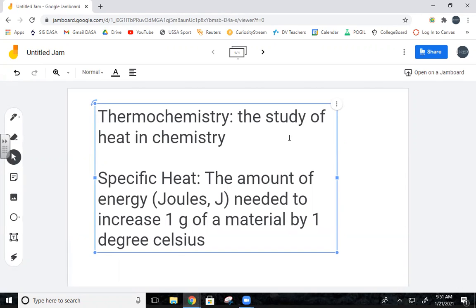There's a word that I'm looking for here, and it's probably just heat, but you get the gist, right? It's how much energy you have to put in to make 1 gram of something 1 degree Celsius hotter. Yeah? I mean, it kind of makes sense.